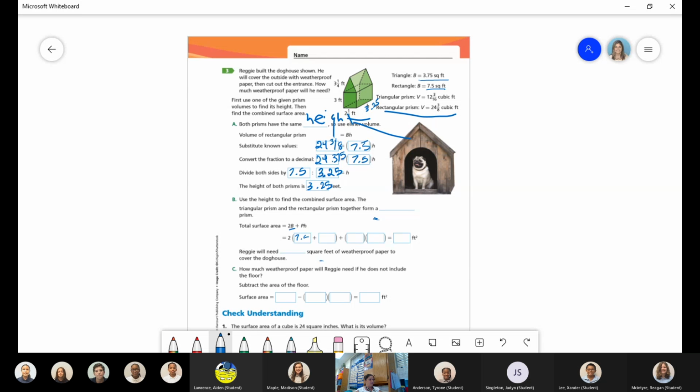So 7.5 and 3.75 is what? 11.25, and then times 2. So this together would give me 22.5.